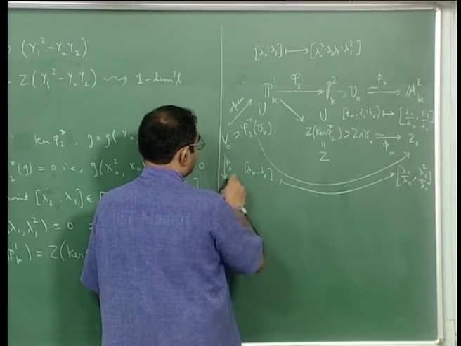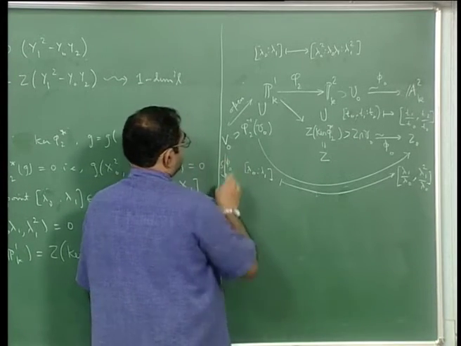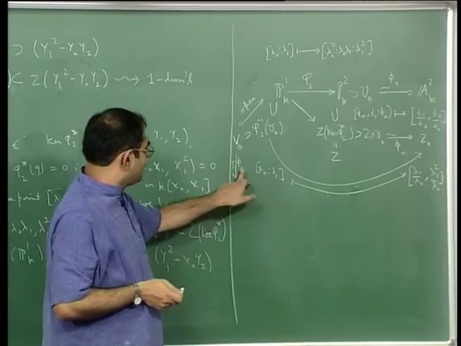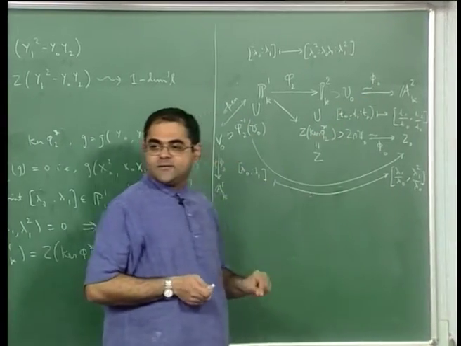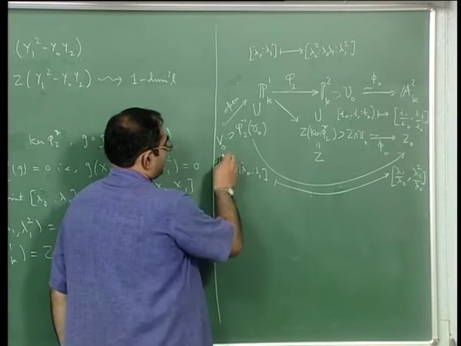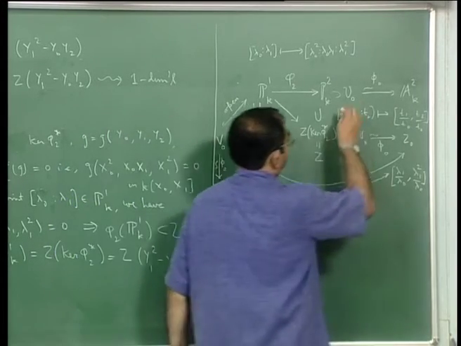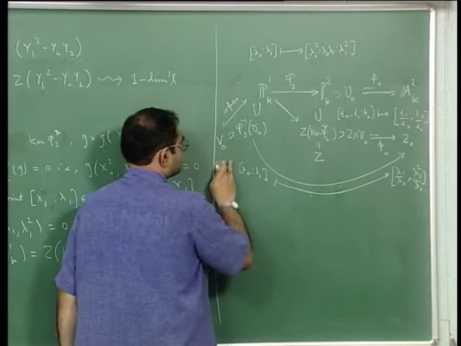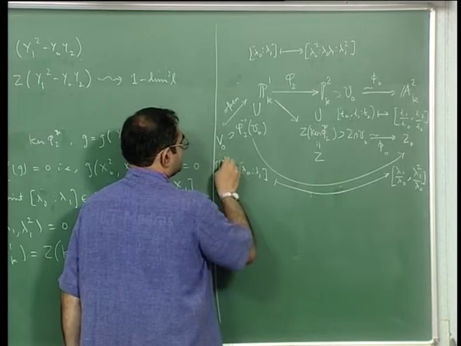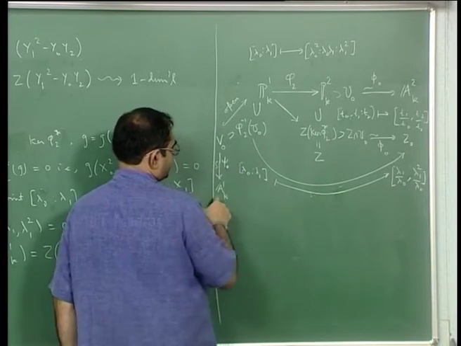Do not confuse this phi naught with that phi naught. Let me not call this phi naught, I will call this psi naught. This is a standard identification of V naught with A1.